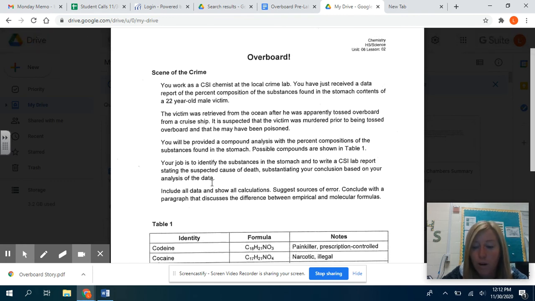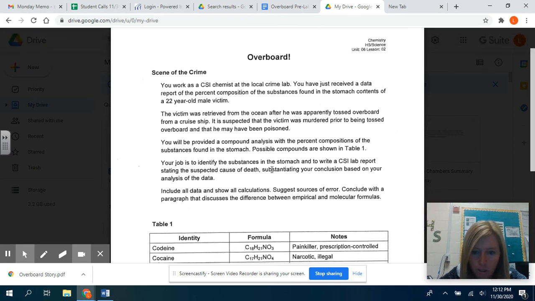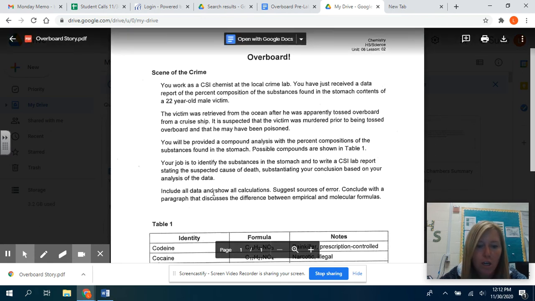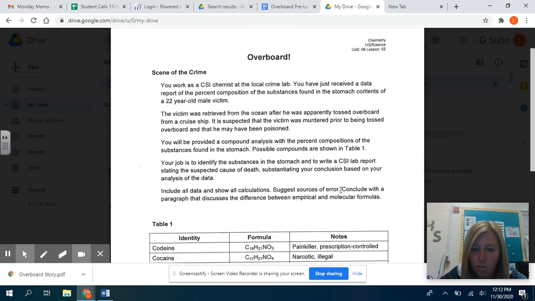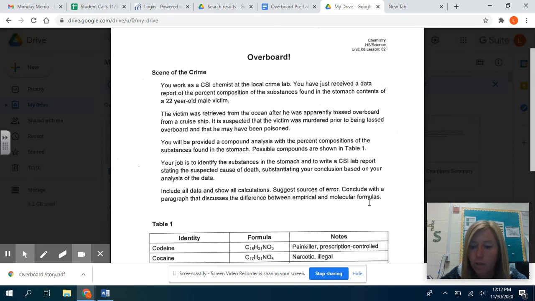That is going to be Friday's assignment, you writing basically your findings. So it's your discussion, okay? You can type it. We don't usually type this stuff, but you can type it. Make sure you're using third person. State the suspected cause of death, substantiate your conclusion, suggest sources of error, and conclude with a paragraph that discusses the differences between empirical and molecular formulas.